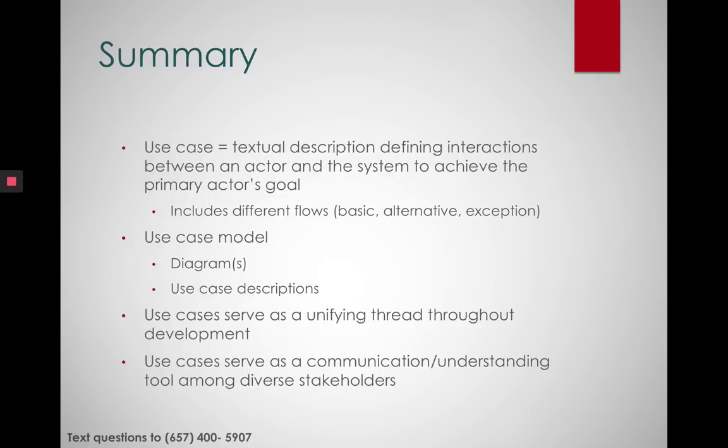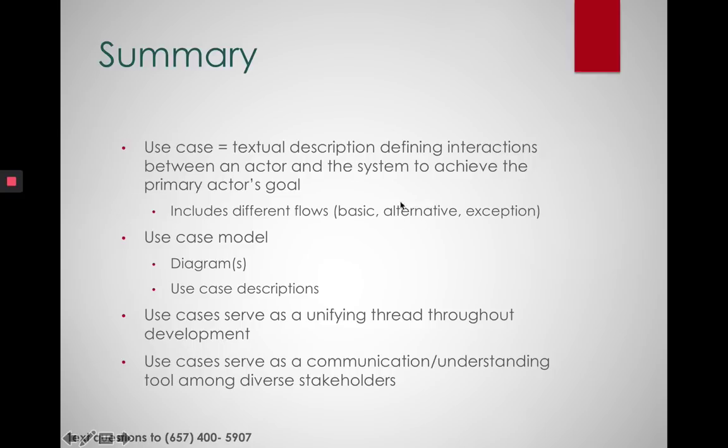So to summarize Lecture 4, Parts 1, 2, and 3, remember that a use case is a textual description defining the interactions between an actor and a system to achieve the goal of that actor, and in particular the primary actor in that use case. We talked about different flows, the basic flow where everything goes as expected, the goal is accomplished, and it's the most common way to achieve that goal.